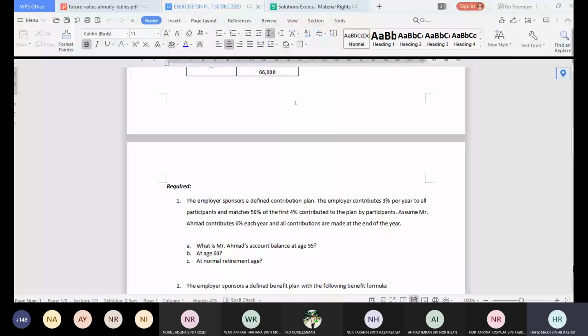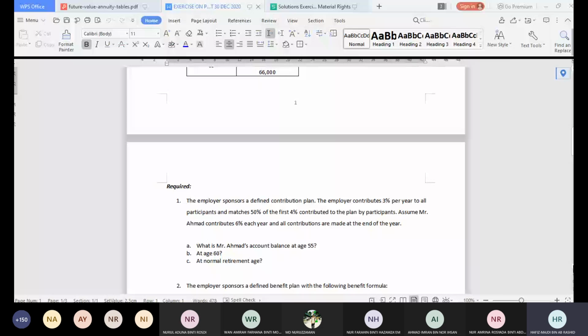A more in-depth think needs to be given because you need to know how many percent the employer contributes to their employees. In this case, the employer will pay 5%.